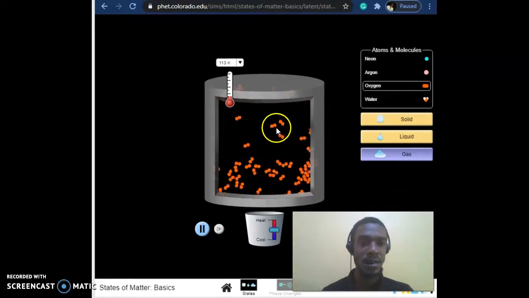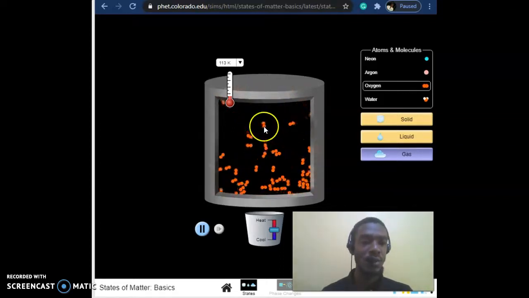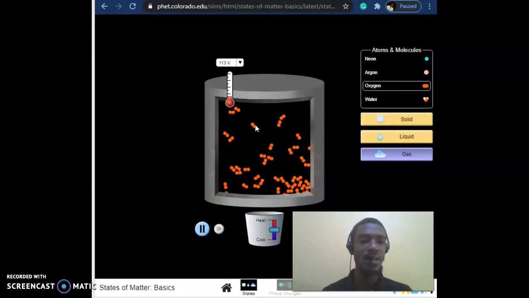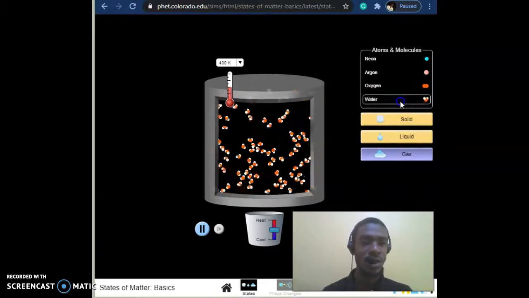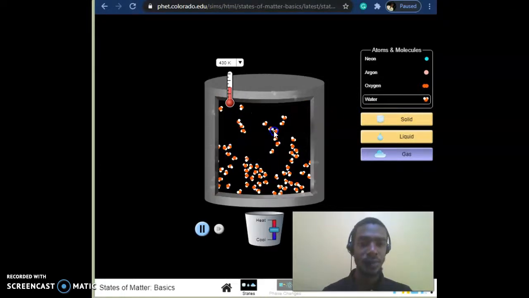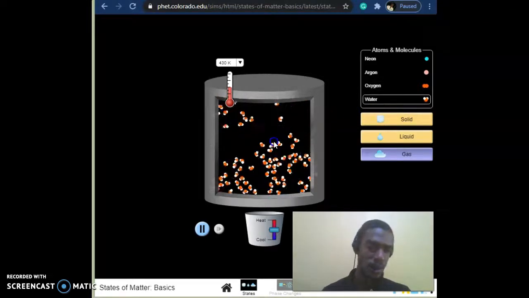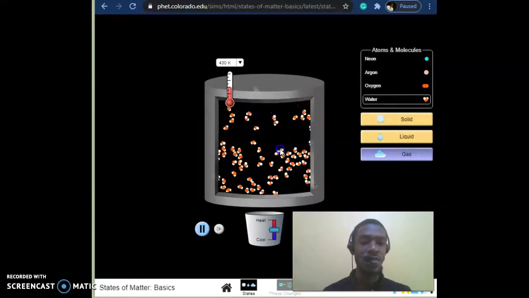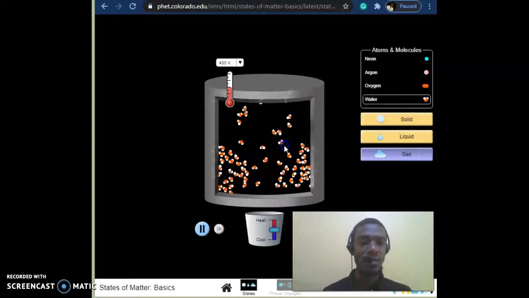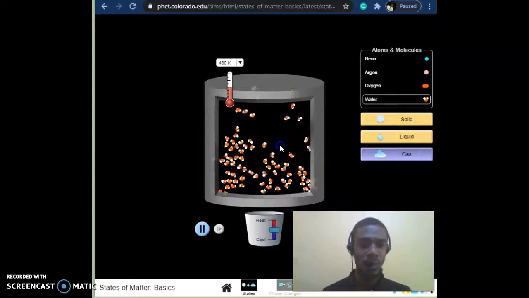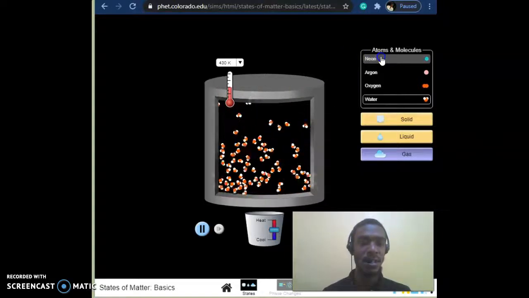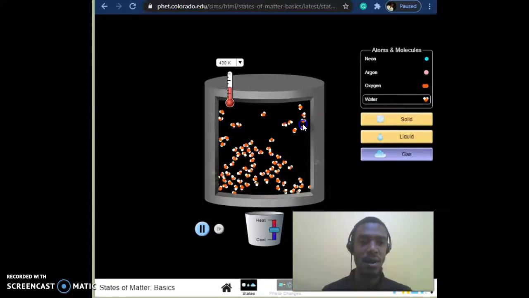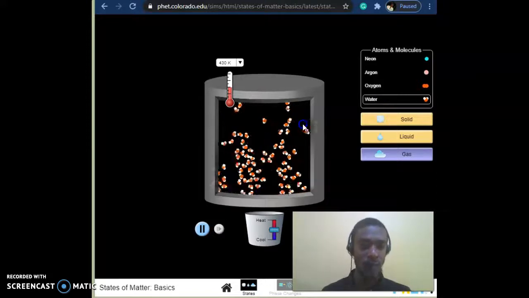For example, in oxygen, you normally have two oxygen atoms attached to each other that form the oxygen molecule. In water, you will see one oxygen atom and two hydrogen atoms attached together to form a water molecule. So atoms are the basic particles, while molecules are a combination of the same or different types of atoms.